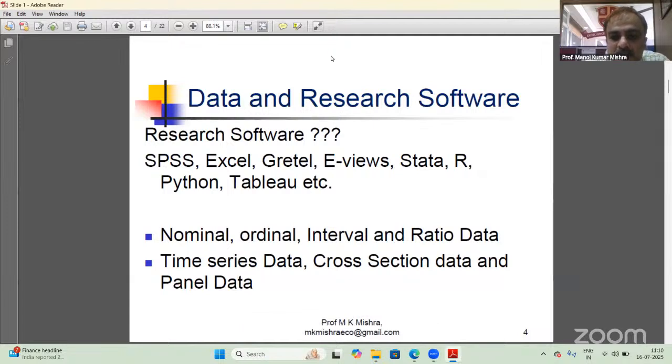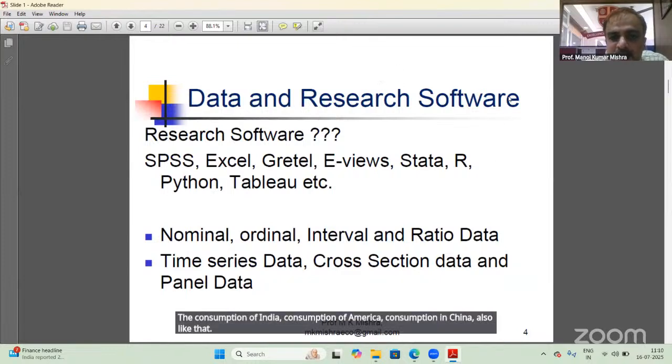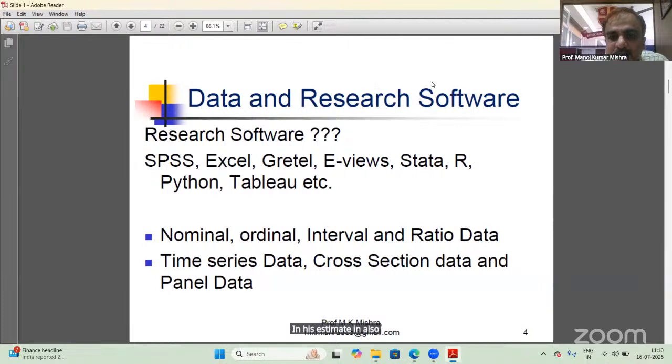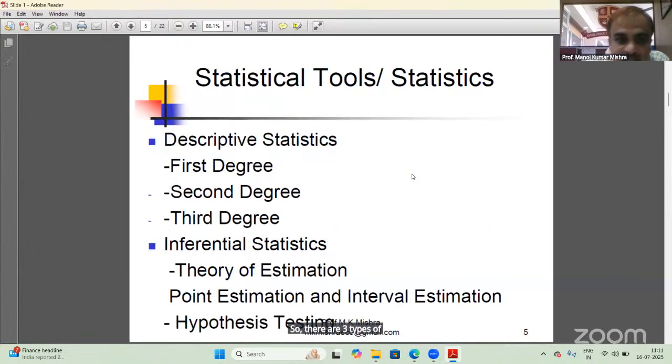The consumption of India, America and China is also written like this. Investment in all 3 countries and GDP in all 3 countries we write in different years. So that is the combination of both time series data and cross-section data, and this is called panel data. So there are 3 types of data in research.